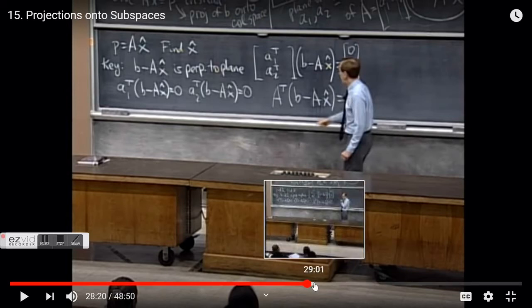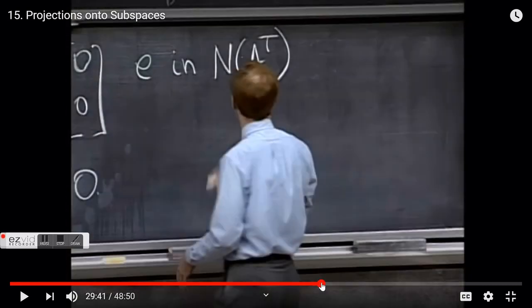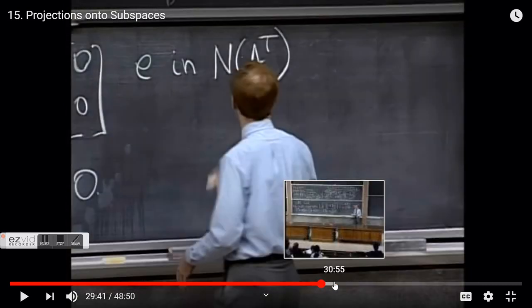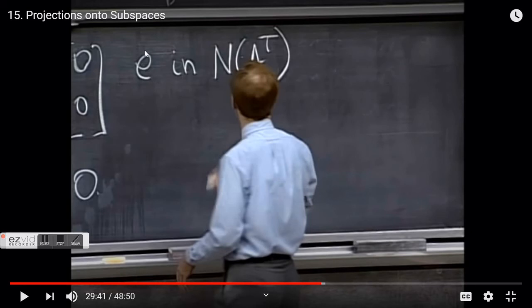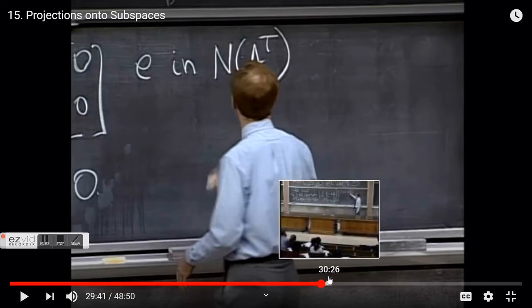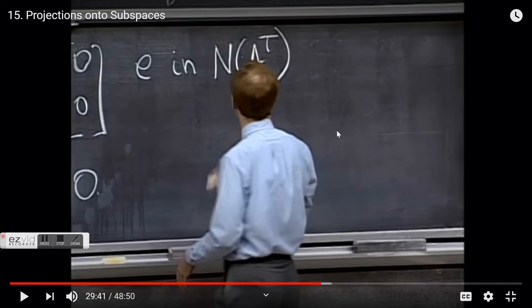If you open this equation, we will see a new fact. The projection P is along the column space, and E is perpendicular to the column space. So this E actually belongs to the left null space, the null space of A transpose, whereas the projection belongs to the column space, because the column space and left null space are orthogonal complements of each other.